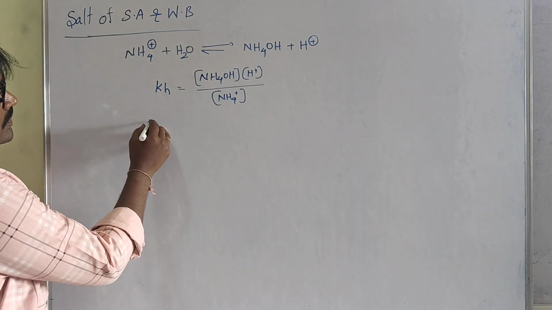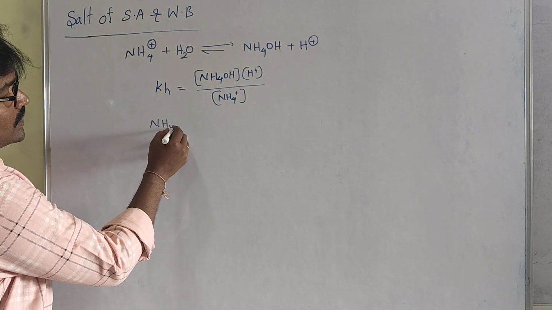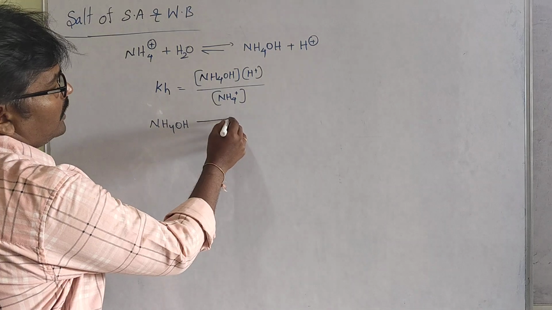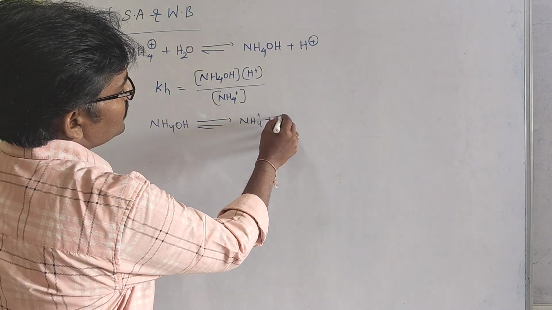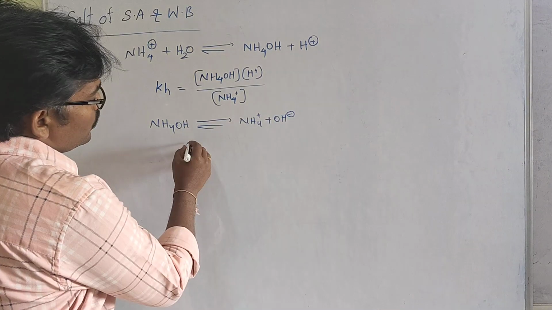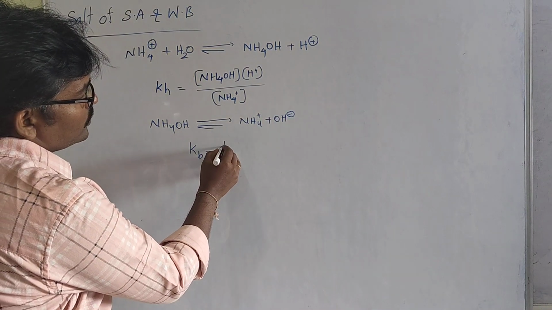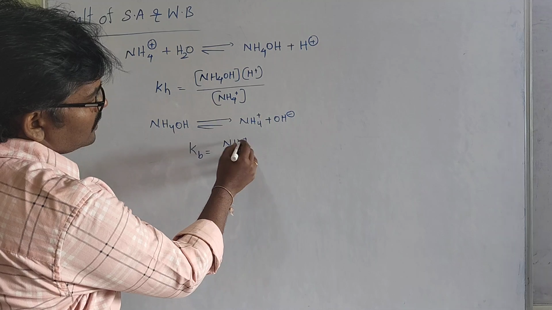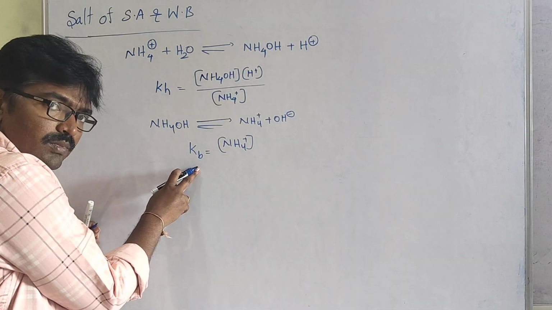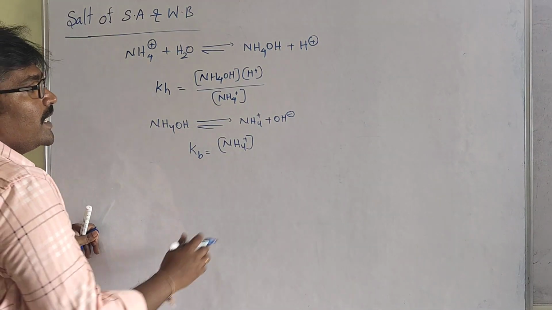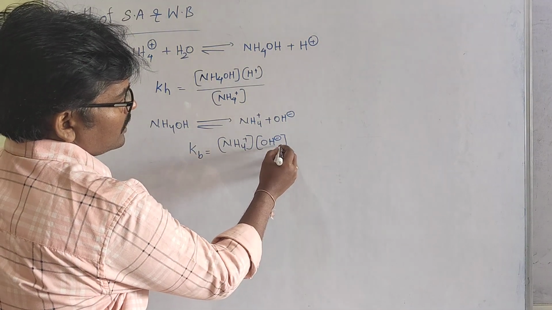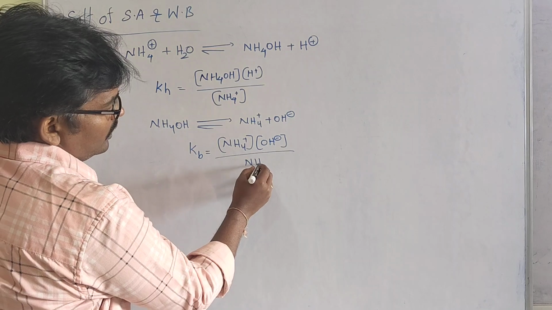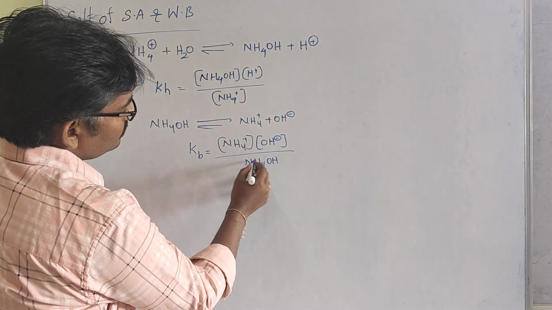Next, this weak base NH4OH can be dissociated into NH4 plus and OH minus, right? So now Kb for this, Kb is the dissociation constant of a base. Kb equals NH4 plus concentration into OH minus ion concentration divided by NH4OH.